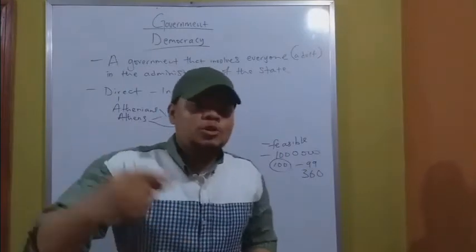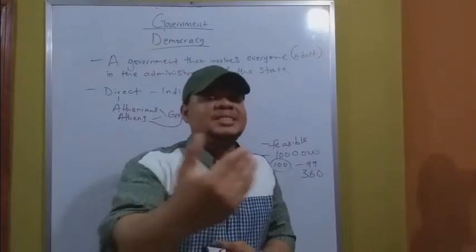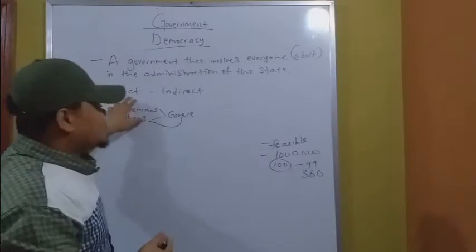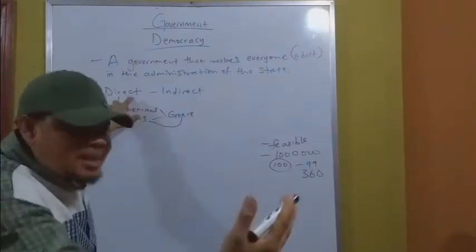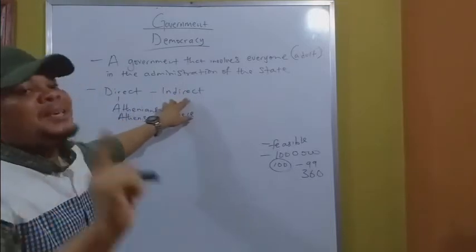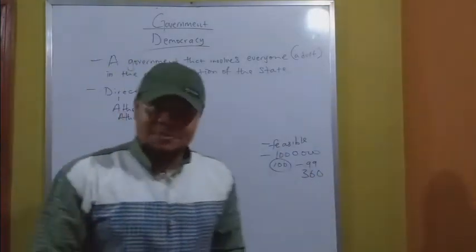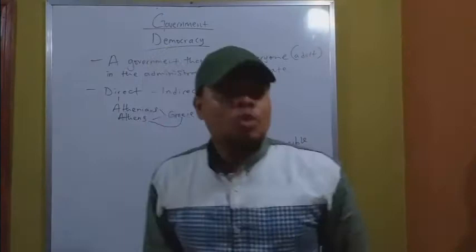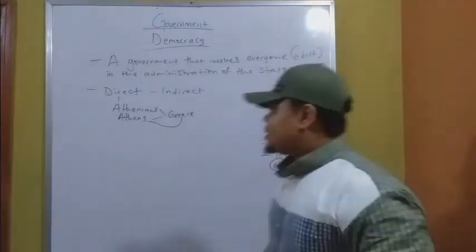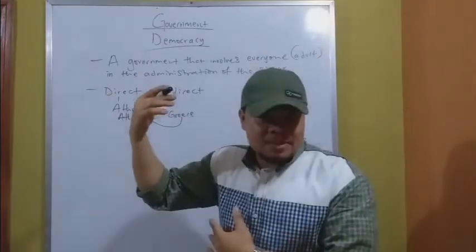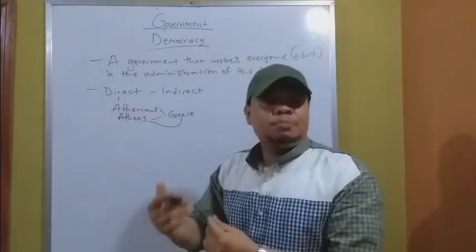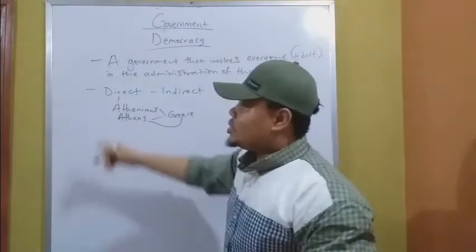It is as a result of the increasing number of citizens that direct democracy became outdated and the birth of indirect democracy became necessary. I believe you understand me. Now, in today's world, countries of the world practice what? Indirect democracy. In ancient times, people that practiced democracy practiced what?